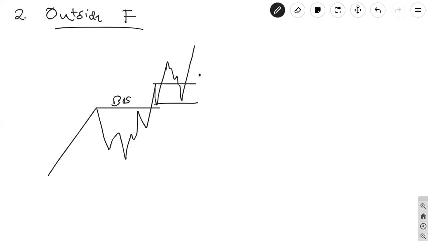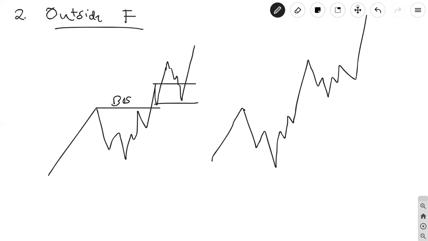Now, there is a catch here. In outside formation, many students or many traders confuse outside formation with just a structure. This scenario is very different to this one. This is a completely new structure, but this one is just a formation.